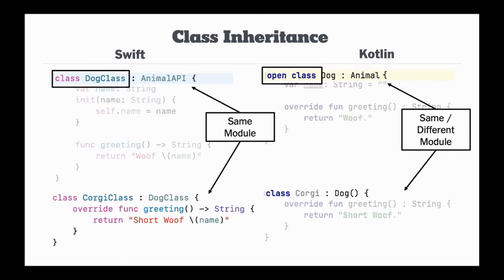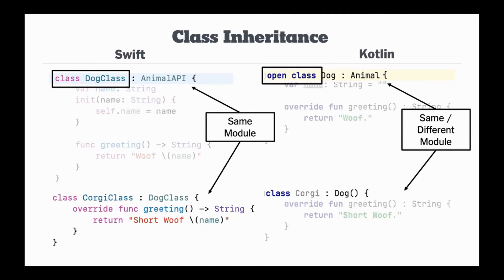Now let's focus back on classes and compare Swift versus Kotlin. With classes in Swift, all classes are default open within the same module. So this is very different from Kotlin, where all classes are default closed, or final.